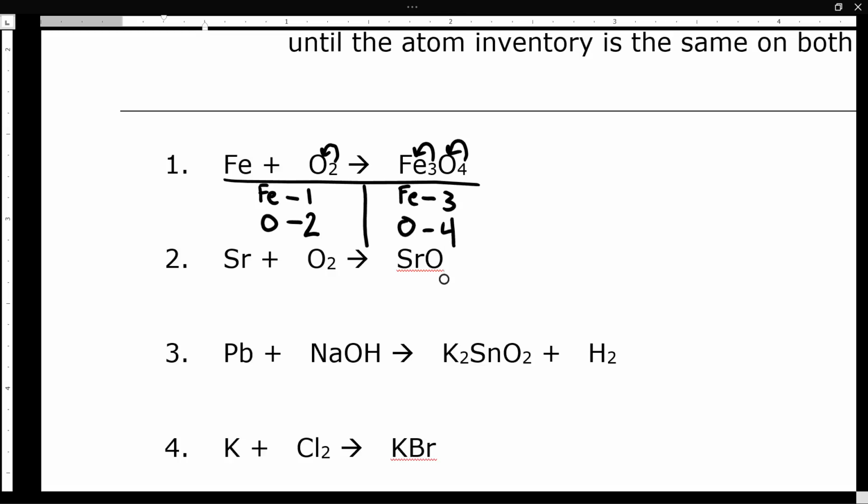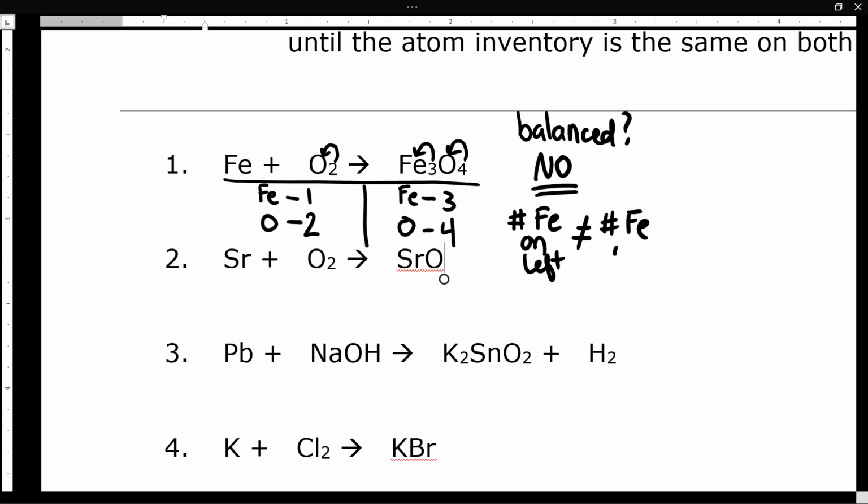So I have the same elements on the left and the right, but I don't have the same number of these elements. I've got too many irons over here and too many oxygens. So is this equation balanced? I'd say no, it's not balanced, because, to pick one example, the number of iron atoms on the left is not equal to the number of iron atoms on the right.